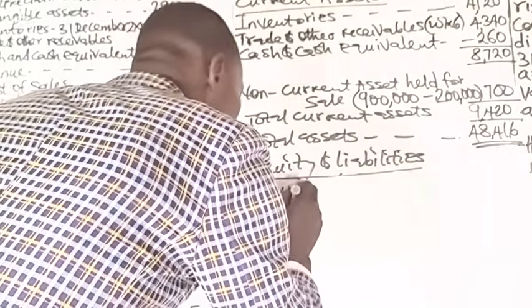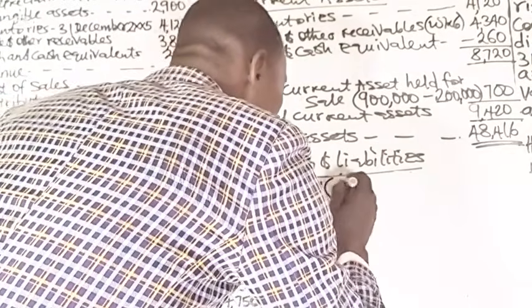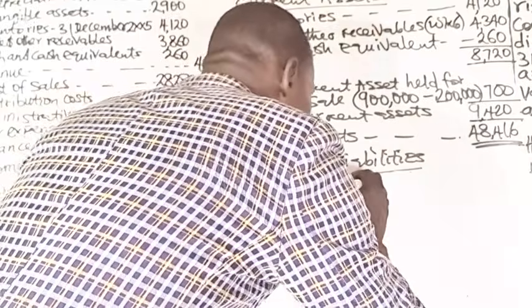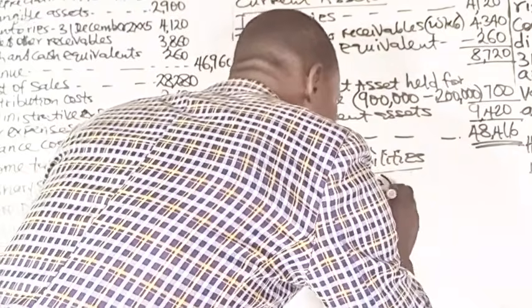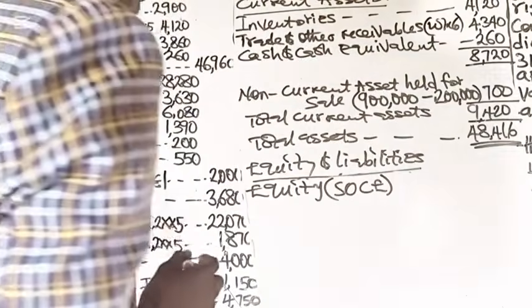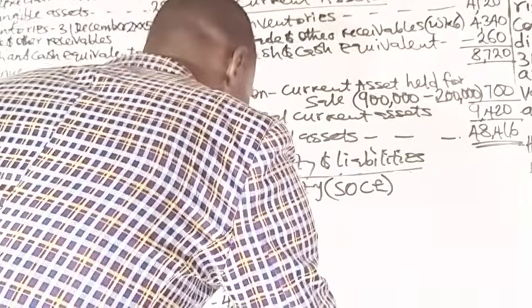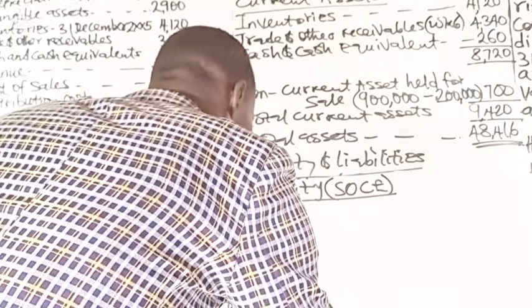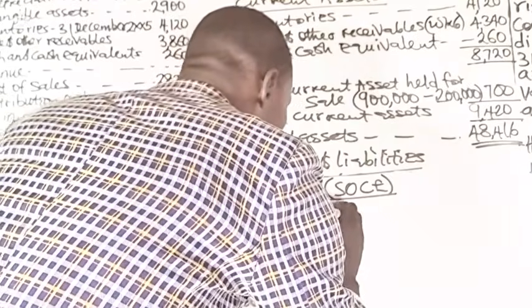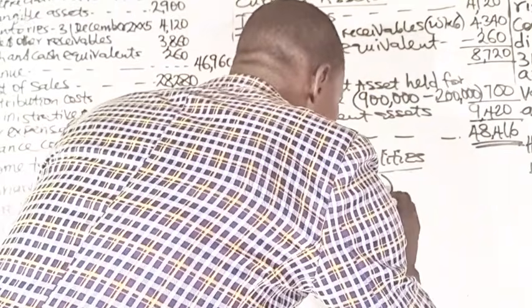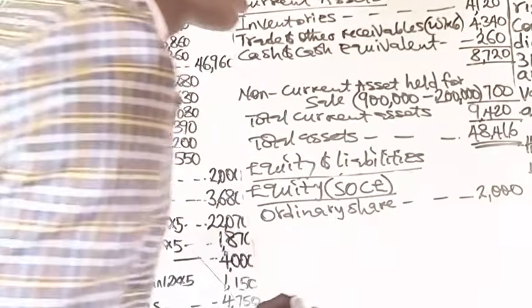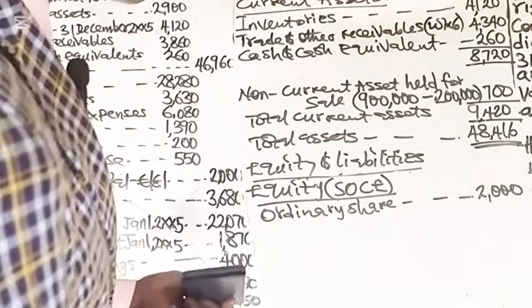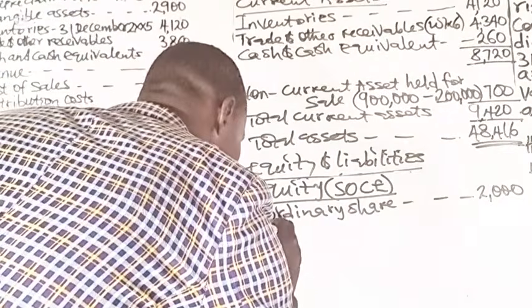Equity: all the amounts shown here are obtained from the statement of changes in equity. Remember, we prepared the statement of changes in equity earlier. So we have ordinary share of 2 million. Then from the same statement of changes in equity, we have share premium of 3680.